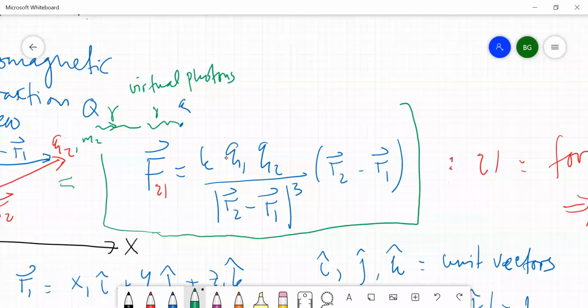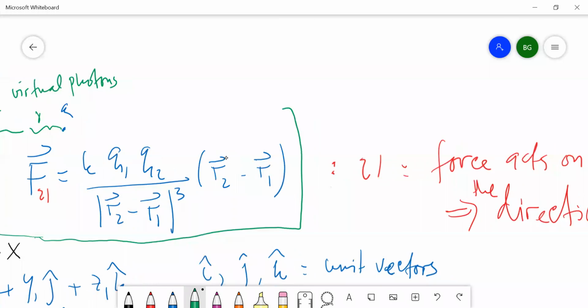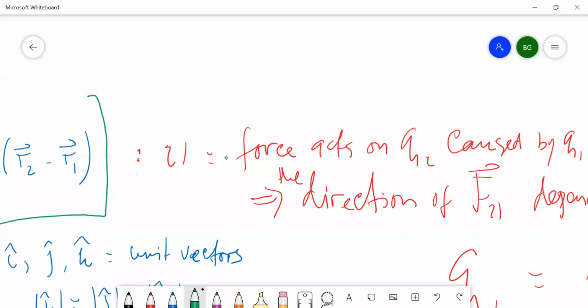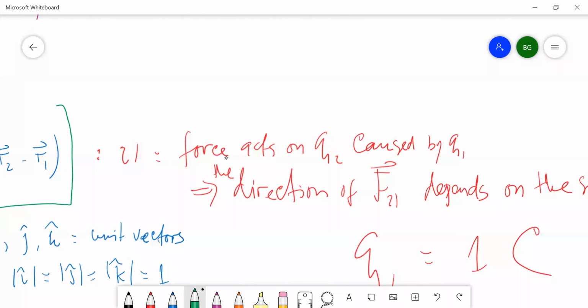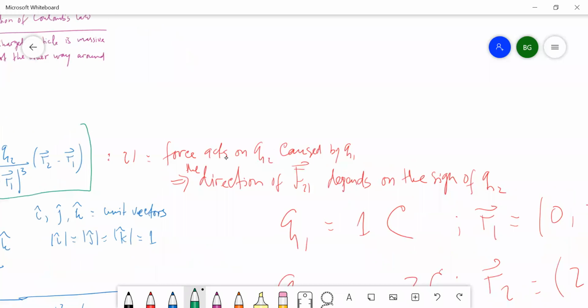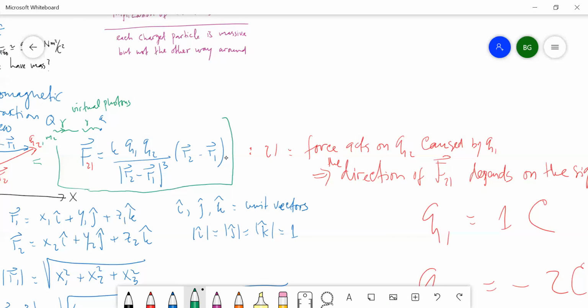This subscript 2,1 means the force acting on Q2 exerted by Q1. And the direction of F21 depends on the sign of Q2.